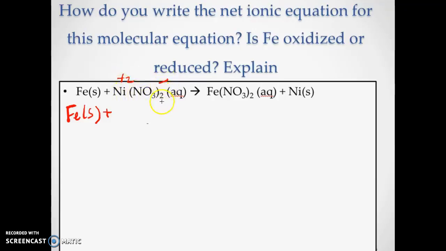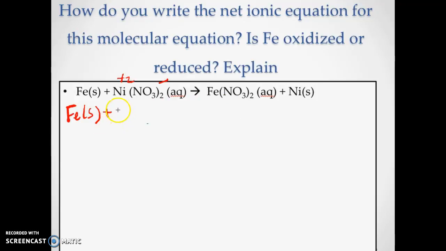So -1 times 2 is 2. So what do you put here? You put a 2 and it's positive because it's a metal, or you could just crisscross backwards. This 2 goes up here. Okay, so can't forget about your charges. And we're assuming everything's balanced. Yes, everything's balanced.